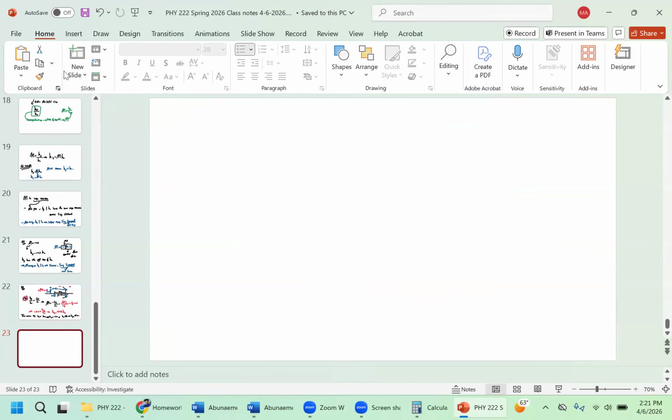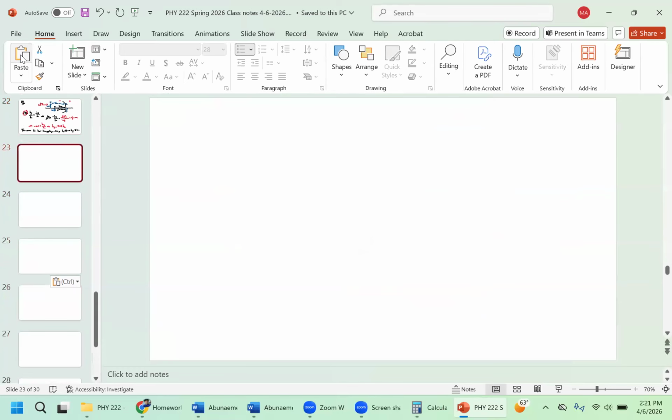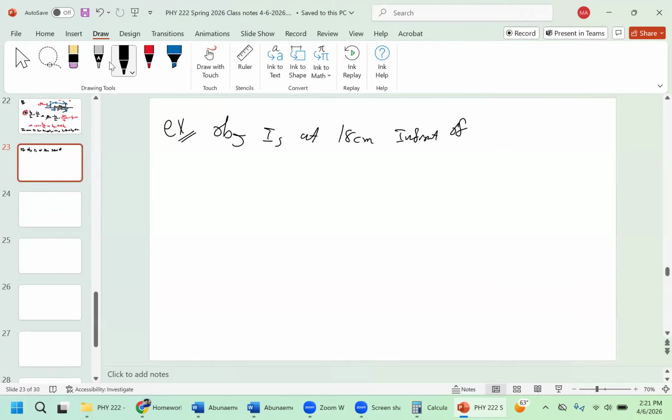So in this case, for example, you've got an object at 18 centimeters in front of a concave mirror. The image height is 4 centimeters.